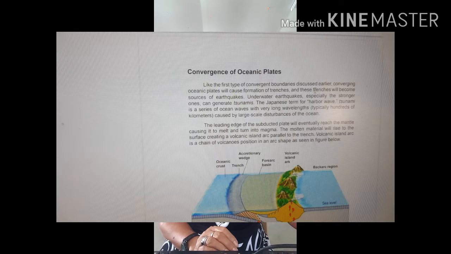The second type is the convergent plate boundary. Convergent means two plates are moving toward each other. If divergent is two plates moving far apart from each other, convergent is the opposite: two plates moving toward each other.